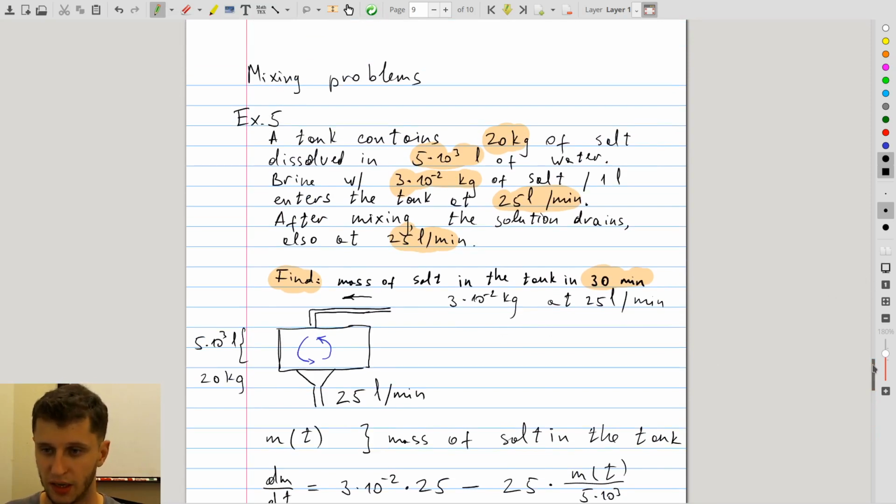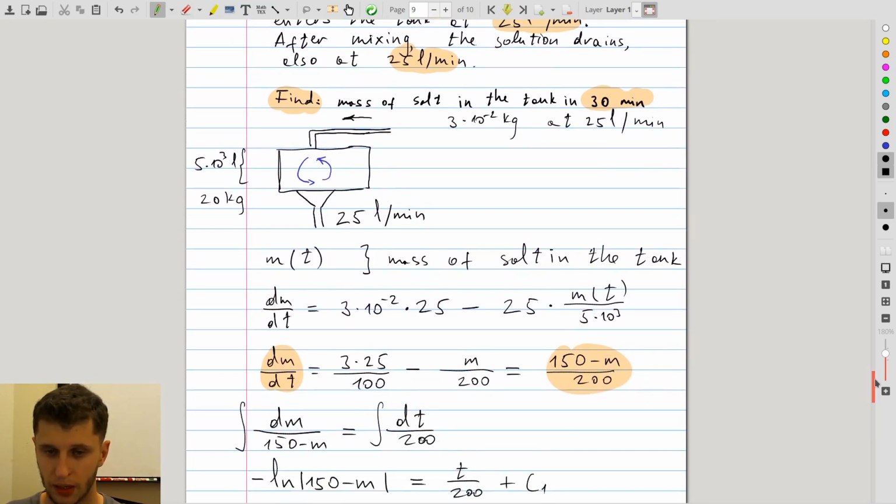And the key here was to use this equation here, which used that the concentration of solution draining from the tank was the total mass of salt in the tank at the moment t divided by the total mass of the tank. So that gave us the concentration of the draining solution. And this is how you work with mixing problems.